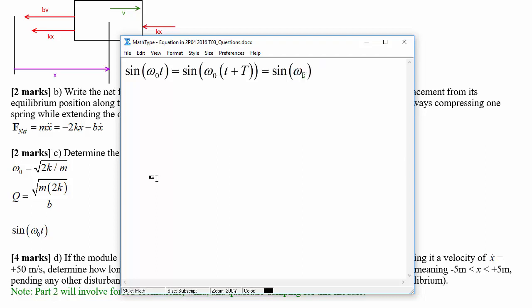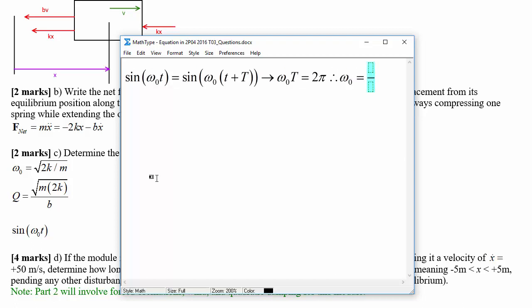So what you need is that omega naught t must be equal to 2 pi, and therefore t is equal to 2 pi over omega naught, and vice versa.